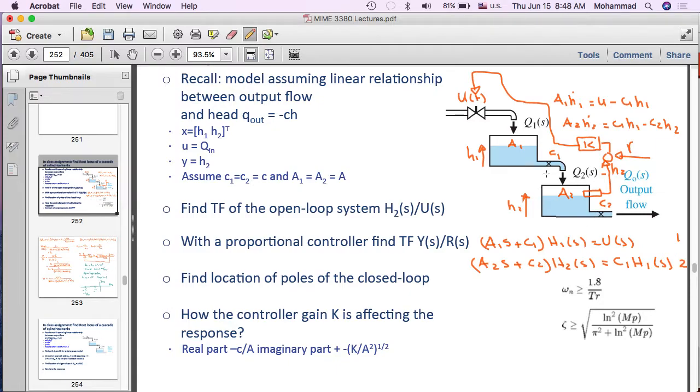The fact that this is very large means that the steady state level of the first tank would be reached much quicker than the steady state level of the second tank. So that's the reason. And we can use Simulink actually to look at this.